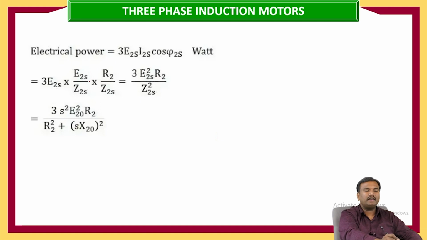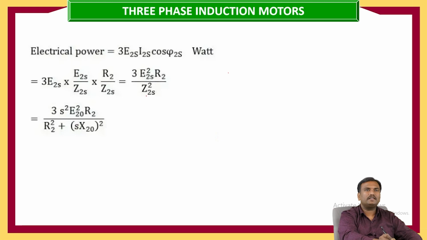So E2s by Z2s is multiplied with cos phi 2s. Cos phi 2s is nothing but, in the impedance triangle, cos phi equals R by Z. That is equal to R2 by Z2s, which gives 3 into E2s square into R2 by Z2s square.